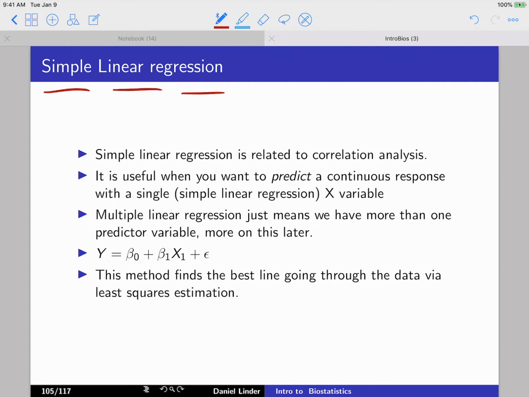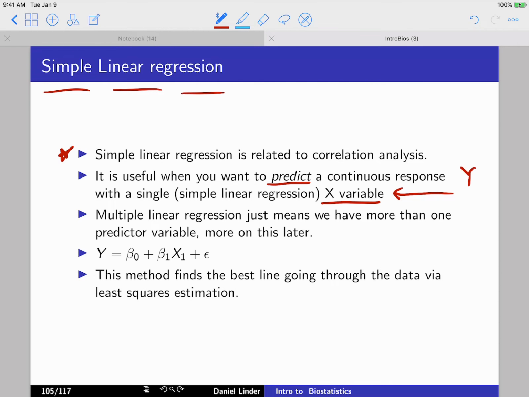But to start it out, simple linear regression. It's actually related to correlation, and it's useful when you want to predict a continuous response, say Y, with a single X variable, both continuous. It turns out, though, that the X variable doesn't necessarily have to be continuous if you want to do a regression analysis.